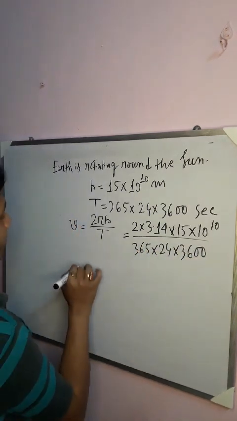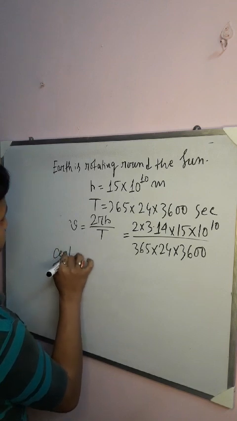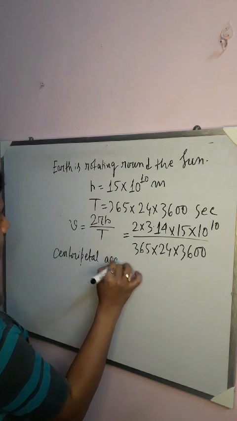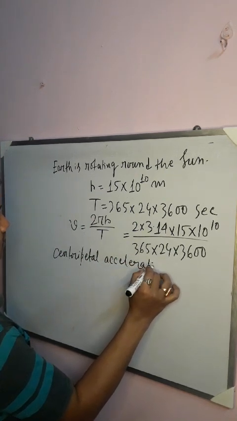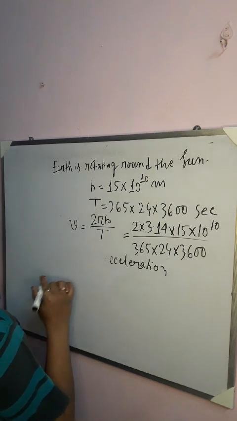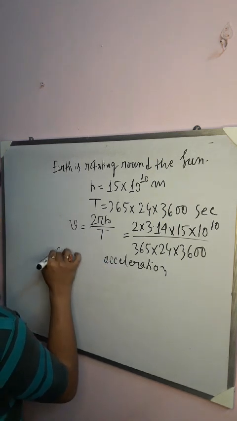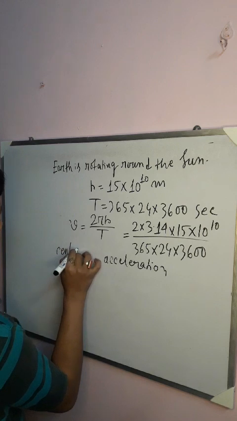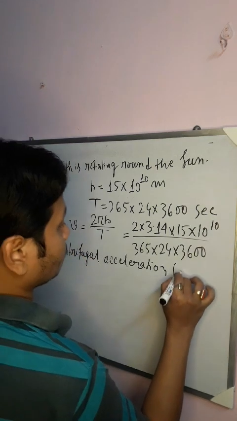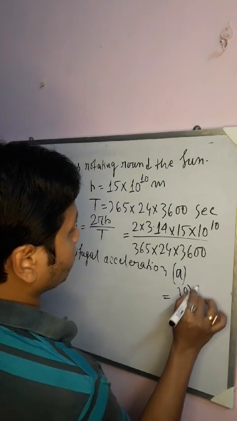Now what will be the centripetal acceleration, or you can say the centrifugal acceleration, more commonly since we are talking about the rotating frame of reference? It is v square by r.